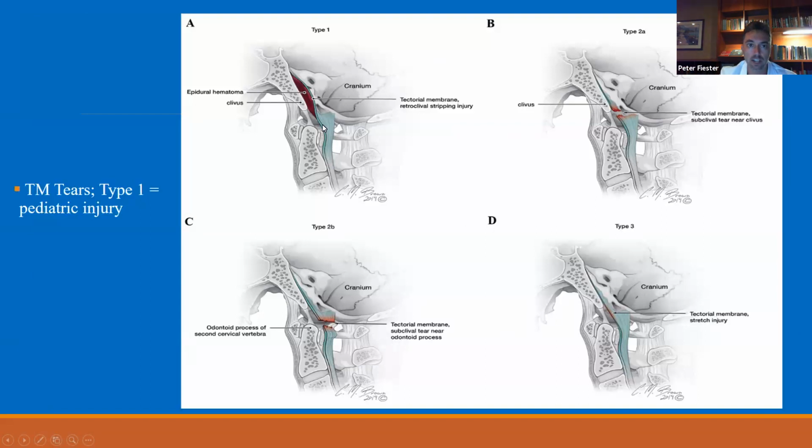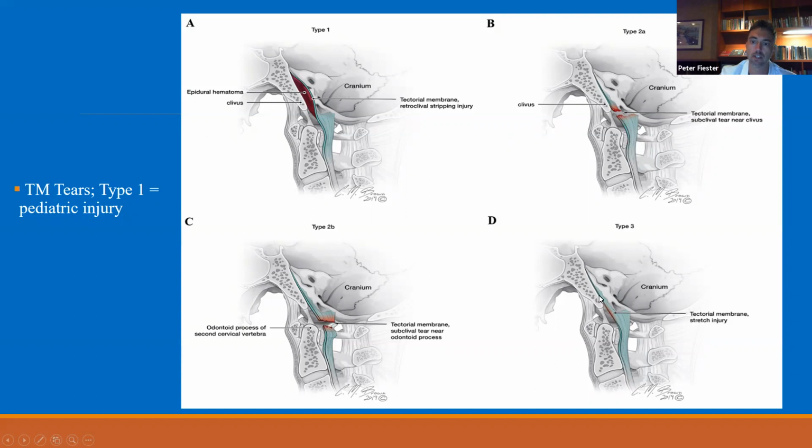So these are the different kinds of tectorial membrane tears that we've noticed. In kids, you get the stripping injury, the tectorial membrane strips off the clivus, and you get accumulation of hematoma and blood products posterior to the clivus, whereas kids typically are more likely to strip ligaments and frankly rupture them or tear them. Adults are more likely to tear a ligament. So in adults, you typically get tectorial membrane tears that are a gap in the ligament, and they can be high up near the basion, or they can be lower down near the dens.